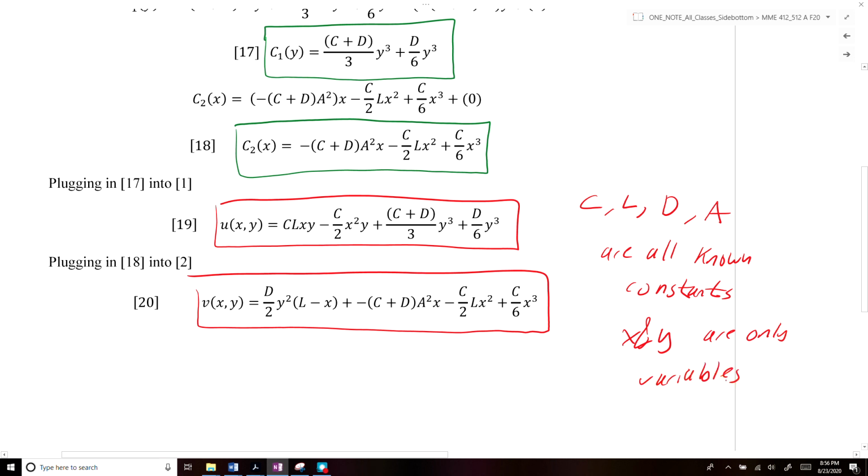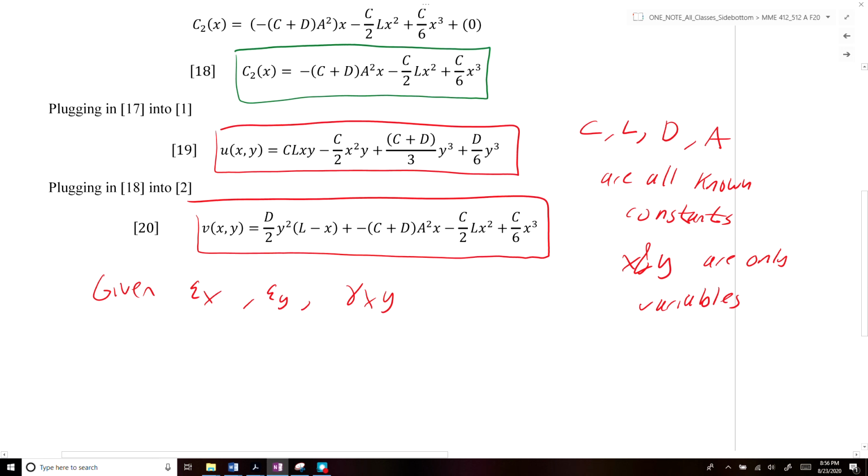So if you wanted to check, if you went through all this trouble to integrate everything, a great way to check your work is you were given epsilon x, epsilon y, and gamma xy. So you could take the derivative of u with respect to x to find epsilon x.